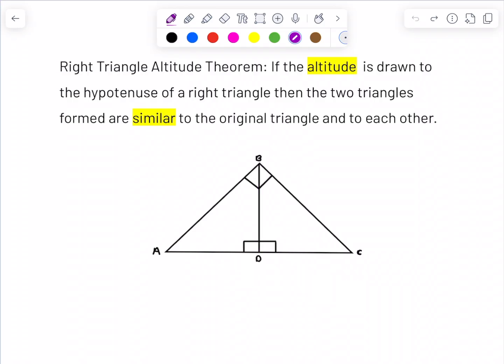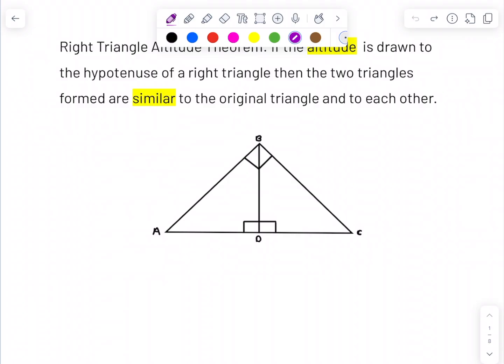So it is a perpendicular line through one of the vertex points of the triangle. And the way that you can tell that the triangles are similar to each other is because the big triangle and the two smaller triangles that are formed by the altitude are all right triangles. So they all have a right angle, and all right angles are congruent to each other.